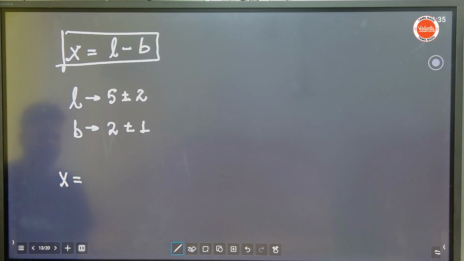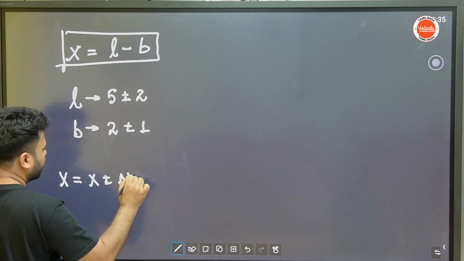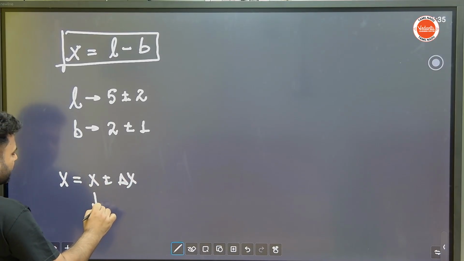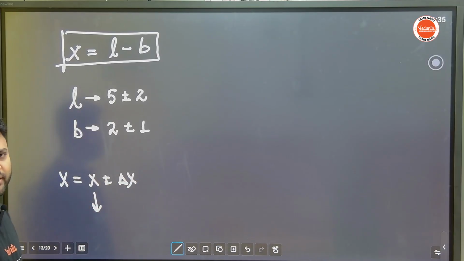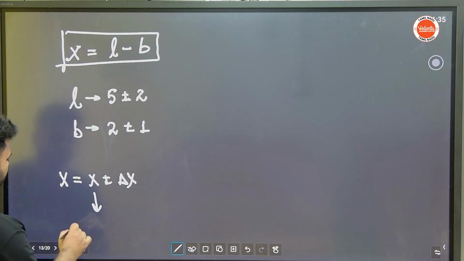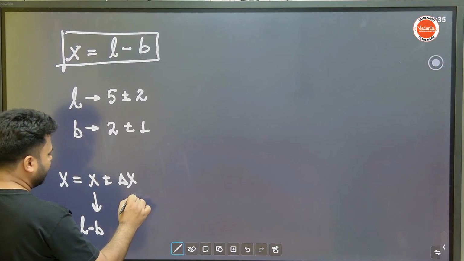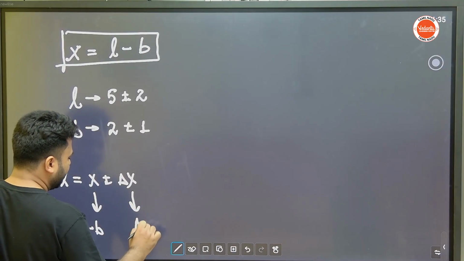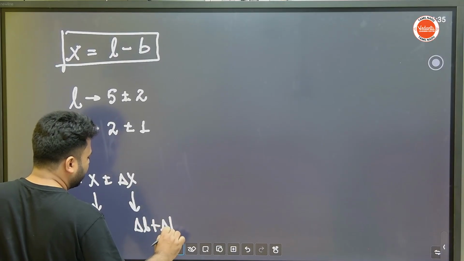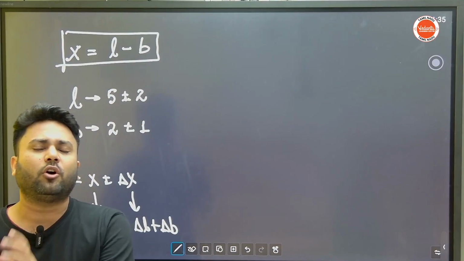So again I told, x you can always write as x plus minus delta x. Now how are we going to write this x? See, the formula is x equals L minus B. And this delta x, the error, is always added, delta L plus delta B. Don't think that if it is minus we will subtract. No, error is always added.